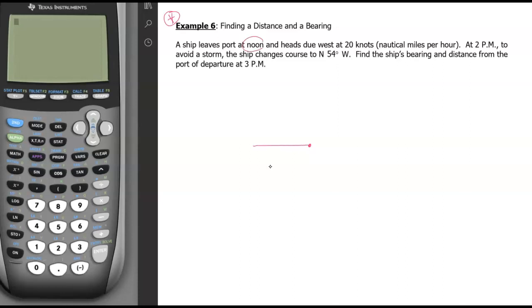If I'm starting at noon and going to 2 p.m., that's 2 hours, where each hour is 20 nautical miles. We take 2 and multiply it by 20 to get that they traveled 40 nautical miles. So I'm going to put a 40 on this line. They traveled 40 miles, not 20.